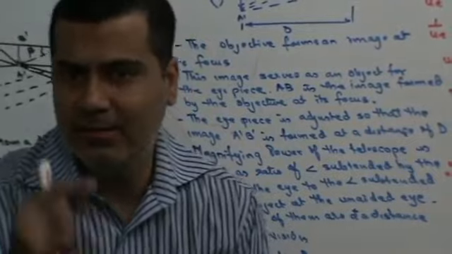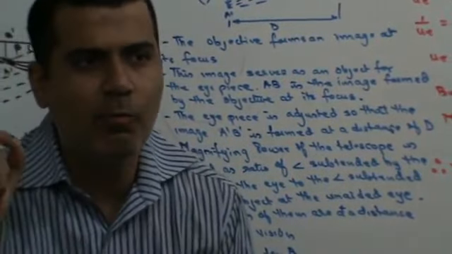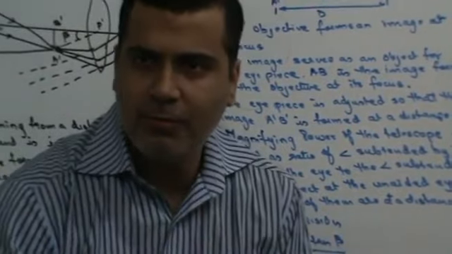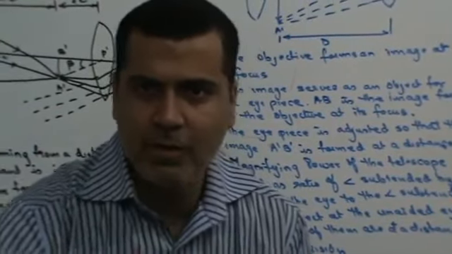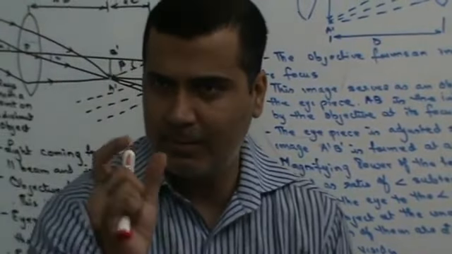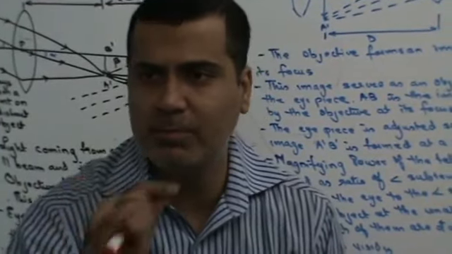Instead of giving you a single white point on the principal focus, because of different wavelengths, you will get 7 different points at different distances from the principal focus.